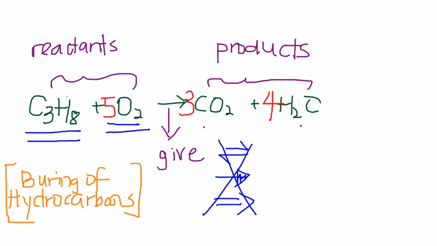The red numbers that you see in front of the compounds are what we call the coefficients, and they are added to chemical equations in order to balance the chemical equation.